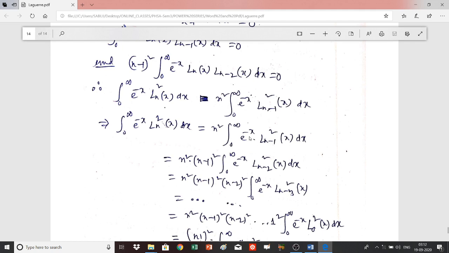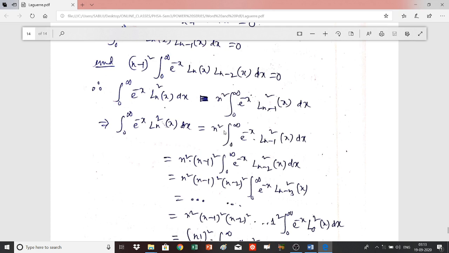If we go to the next term, we will get n square for the first term here, and we know that this n minus 1 will be decreased by another one. So L n minus 1 will then be L n minus 2.